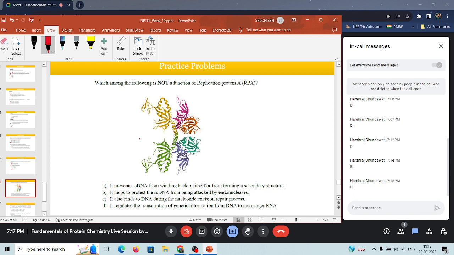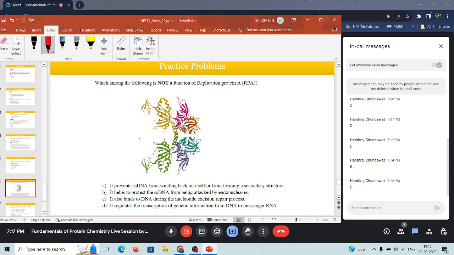So basically, this replication protein A is okay. Let me see what you people are answering. Then we can study. So it has different subunits.